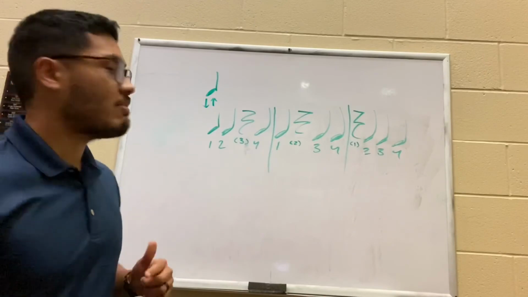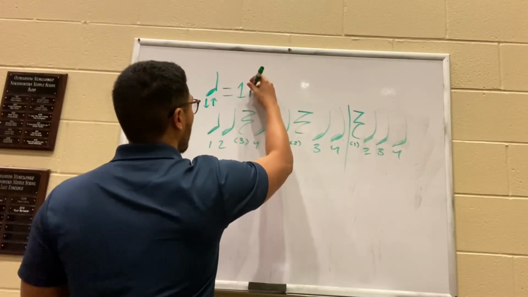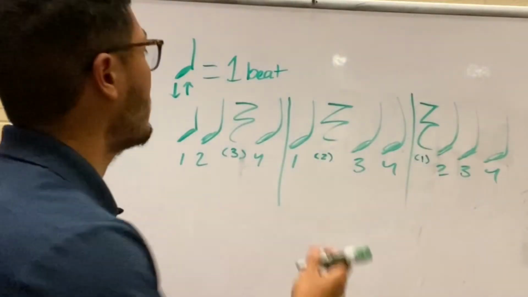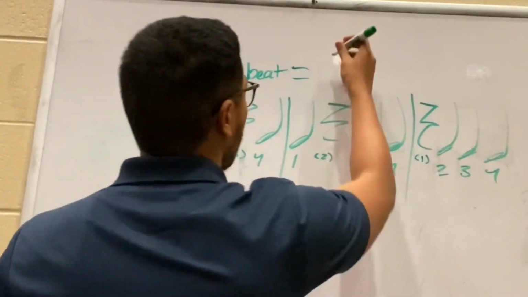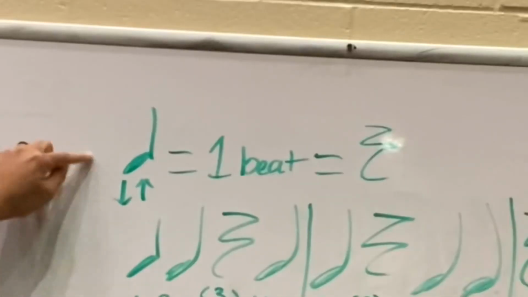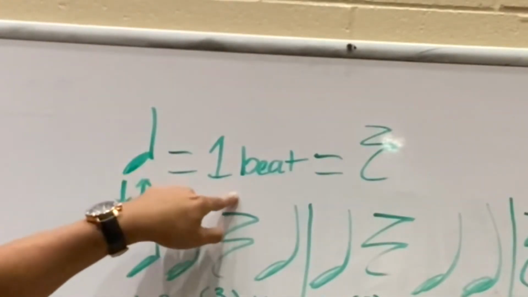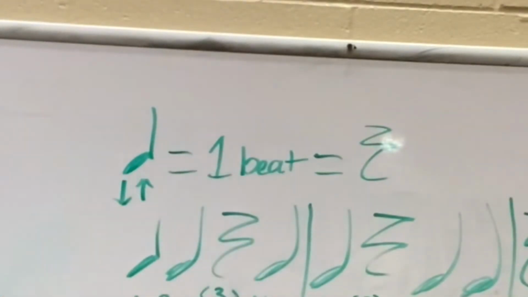Right after you write that, you're going to put how many beats it equals. It equals 1 beat. Right after that, you're going to put the rest equivalent. So you're going to have quarter note, down beat, up beat equals 1 beat, and you're going to have the quarter rest. It also equals 1 beat. So you're going to have those two things to reference.